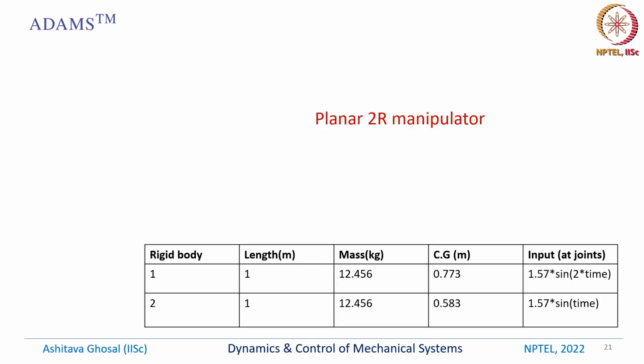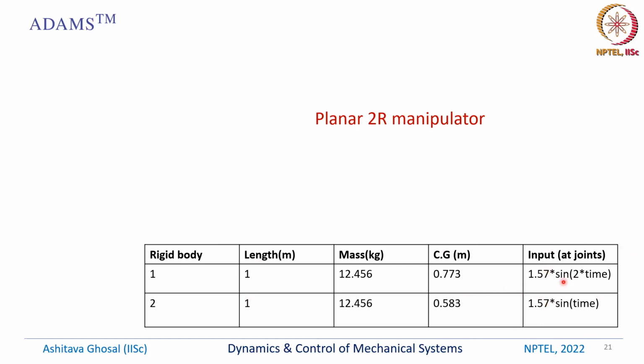So let's take another example, which is this planar 2R manipulator. And for this planar 2R manipulator, we are choosing mass and length similar to what we did for the simulations using MATLAB. Okay, and the CG is also similar. The input, however, is different.